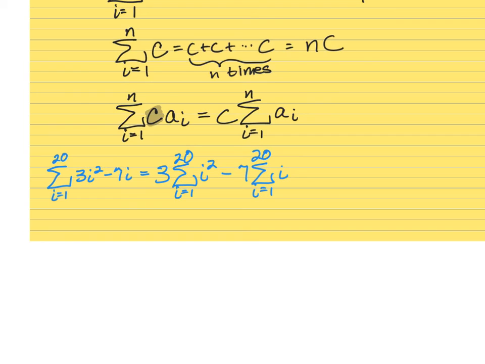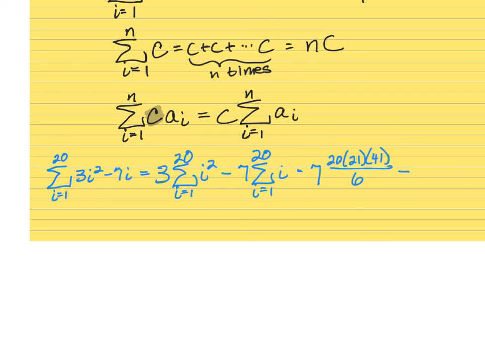And so look at this. The nice thing is this formula was complicated, and we didn't have a formula for it, but since I broke it up, I can write it like this. 3 times the sum of i squared from i equals 1 to 20, so the sum of the first 20 perfect squares, which using our formula is 20 times 21 times 41 all over 6.